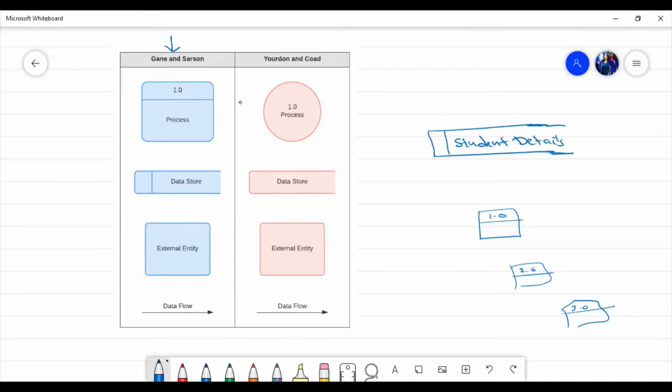These numbers are not given because of the order of the process. Sometimes maybe 1.0 is the first process, and when we go through it, maybe 3.0 is the second process. This number system is not going to denote the order of the process. That is just for the identification.